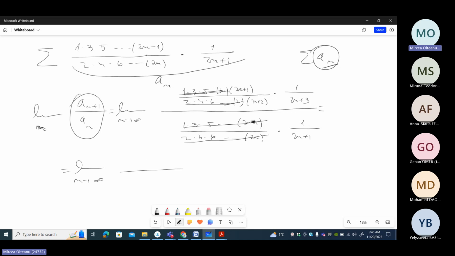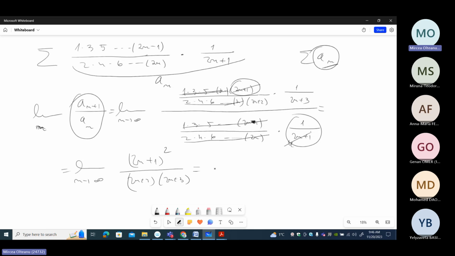And also 2n plus 1 with 2n plus 1 from here. No, sorry, this is not a simplification. This will go above. So above we have 2n plus 1 squared, and below we have 2n plus 2 times 2n plus 3.